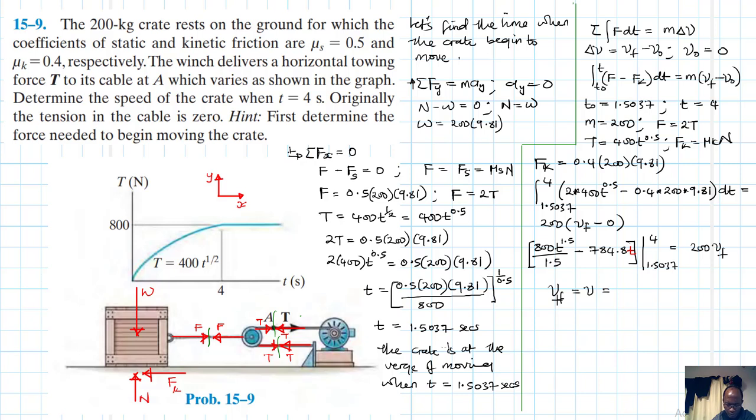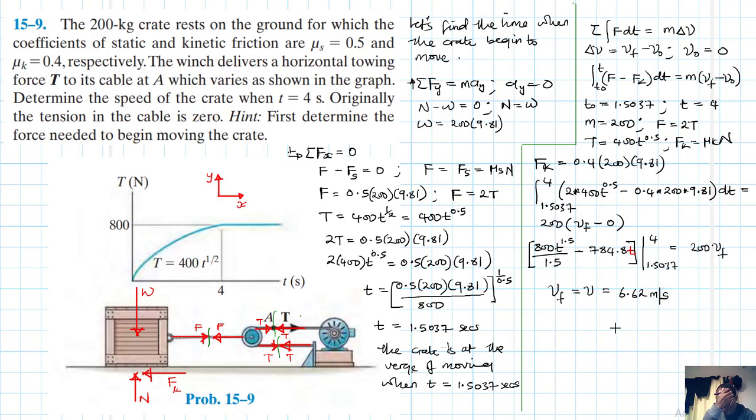And then we divide this by 200. Then our v final we get as 6.62, and this is in meters per second.